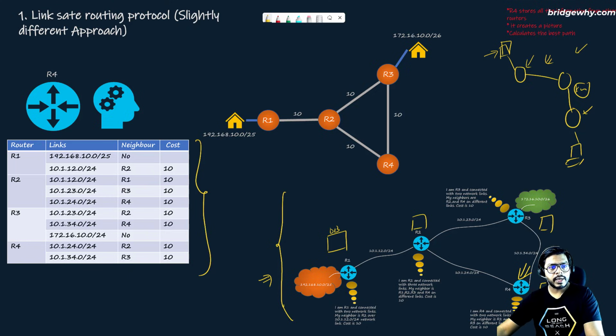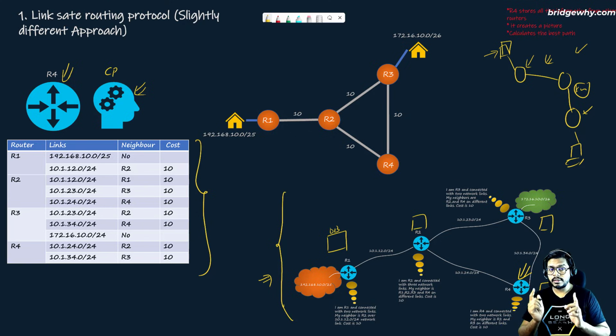So let's consider what is happening at router R1 when it collects all the information from R1, R2, and R3. What is going on inside its mind? And if we are talking about the mind, we are talking about the control plane. When we were discussing the control plane, we discussed that of course the control plane has a routing table, right?